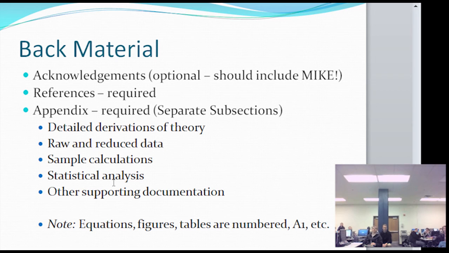Sample calculations, statistical analysis, and any other supporting documentation will go in the appendix in a separate subsection. Note that you number equations, figures, and tables as A1 if it's Appendix A, or B1 and so on, so they're numbered differently. The appendix should look professionally done. It shouldn't be just a mishmash of papers stuck in.